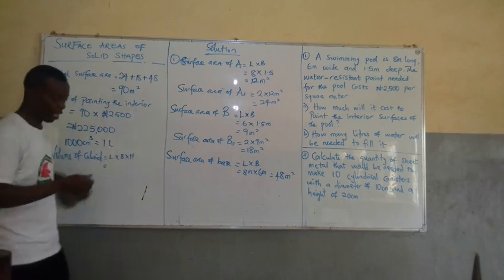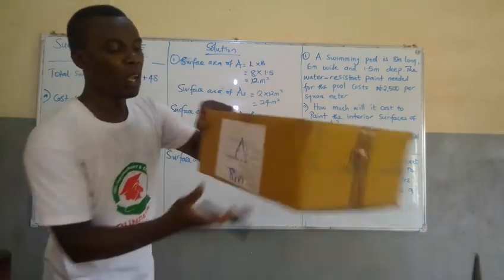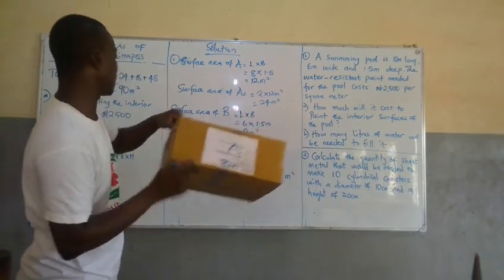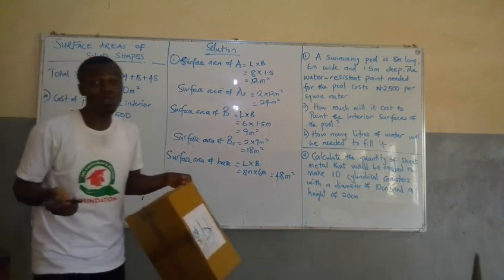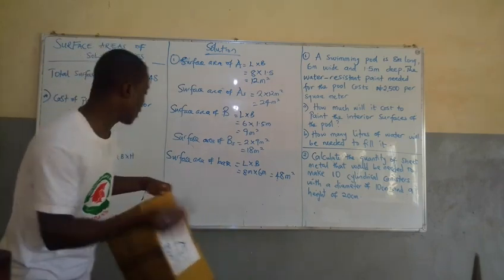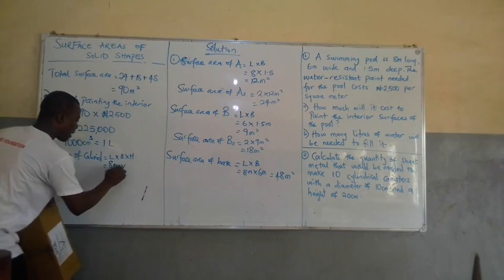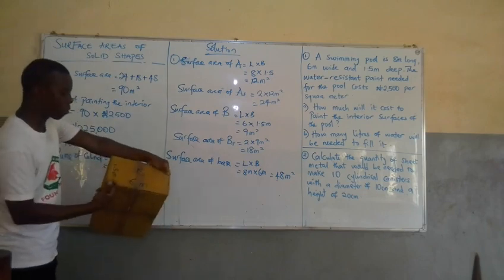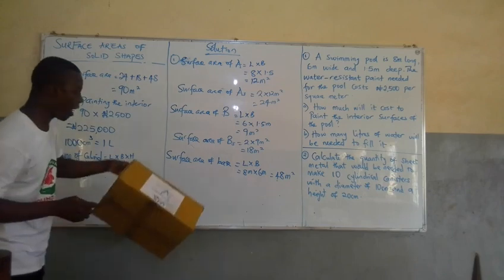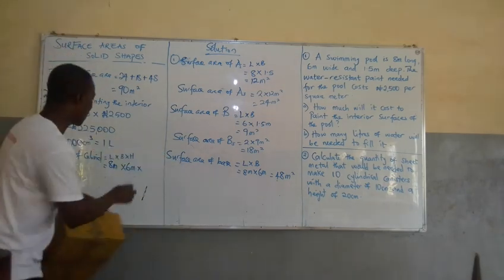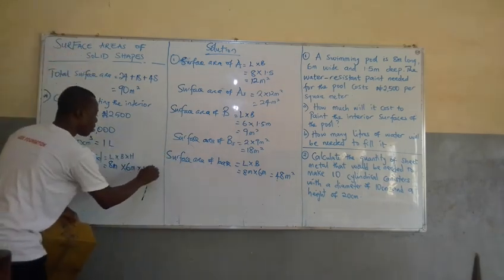So what's the length? Let me help you with this again. How long it is, 8 meters. So I have 8 meters times, what is the breadth? The breadth is 6 meters times, what is the height? The height is 1.5 meters.